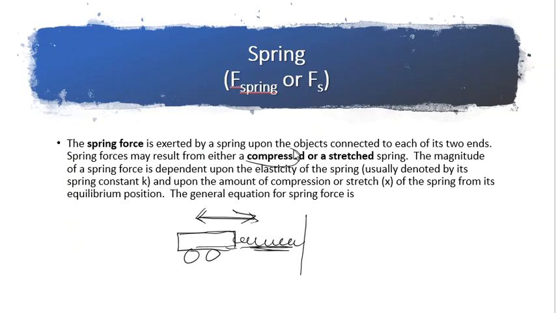So there is compression, there is relaxation of the spring. I'm going to write down a spring force for this as F sub S. If I have an object that is hanging from a spring, then I will just write down F sub S, spring force. Or I can write the word if I want.